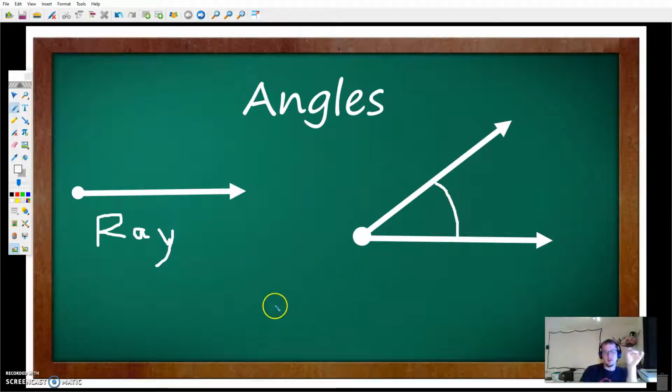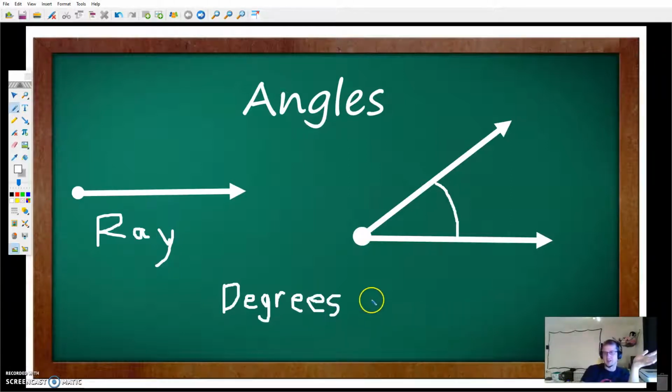Now, we measure angles in units called degrees. So that's D, E, G, R, E, E, S. Degrees.